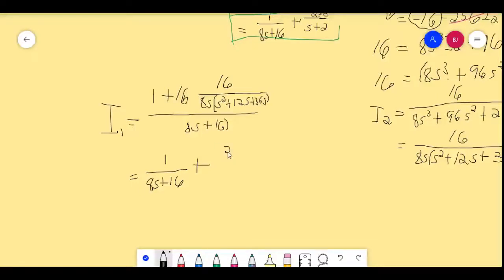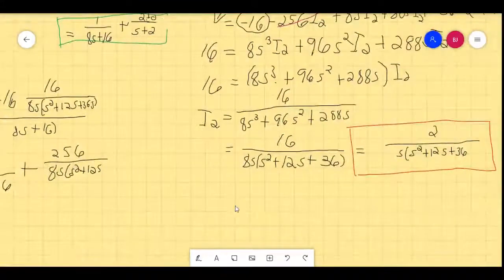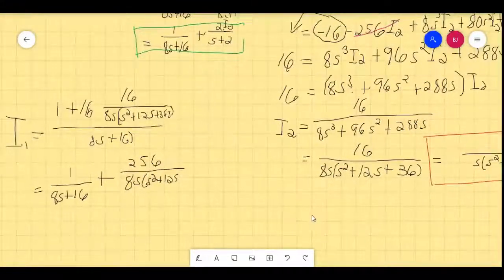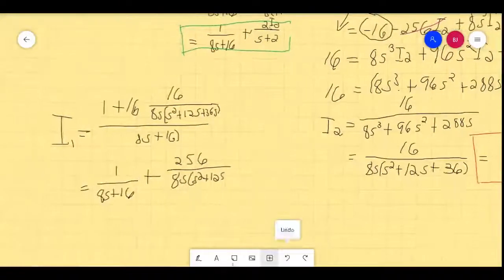So this will become 256 over 8s times s squared plus 12s. Wait, why is it this 8s? It's only s2. I'm using the wrong equation.